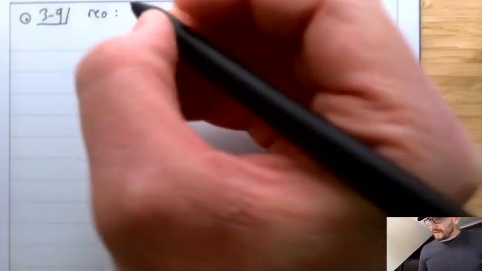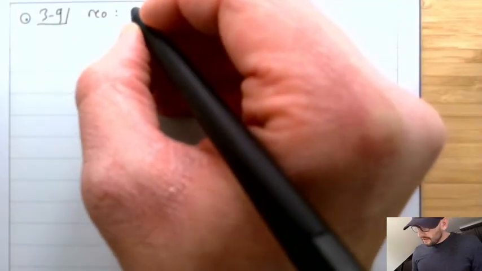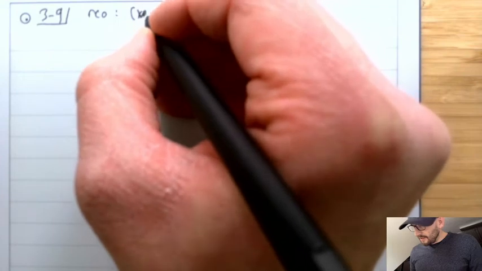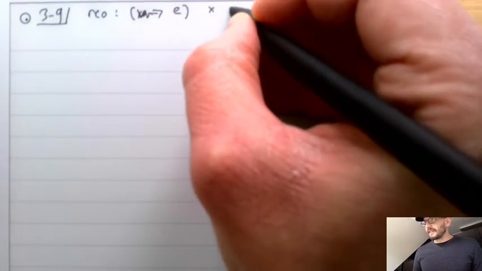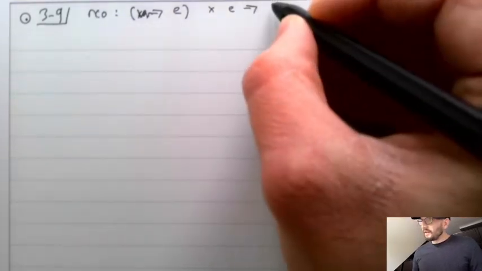Now let's define the RCO function. So RCO is going to take a mapping from some variables to expressions, and it's going to take an expression, and then it's going to return two things.